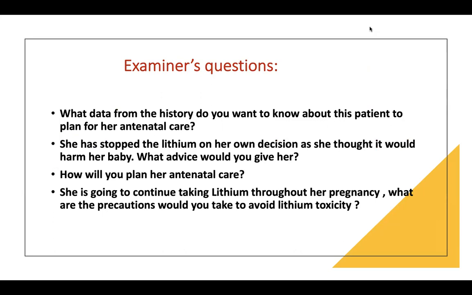And I have a specific video for the history or the information gathering. If you refer to that, you will find all the items of the history there. So you can also list all this information to the examiner, but we would stress here on the things which are related to our condition.